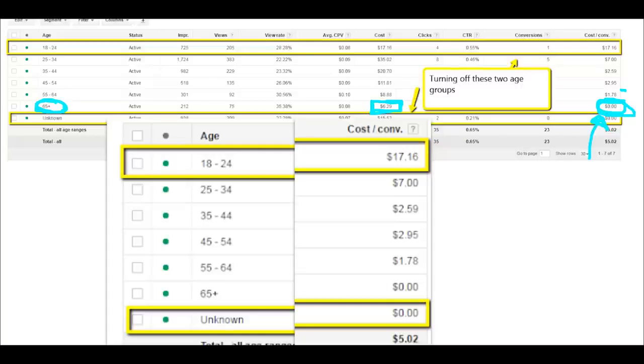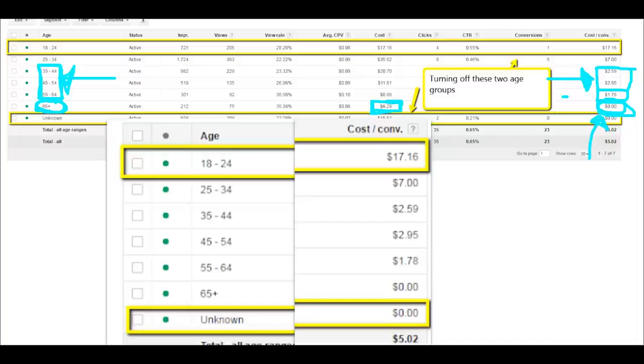But what I do know is that these ages are working very well for me. I know that 35 to 64-year-olds are performing very well for my particular product. As you can see, it's only costing me about $1 or $2 to collect an email address amongst these age ranges.